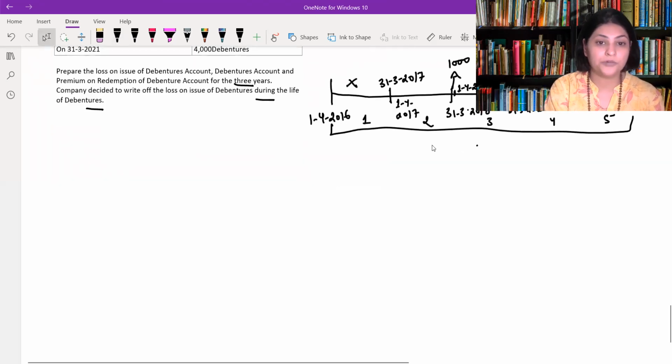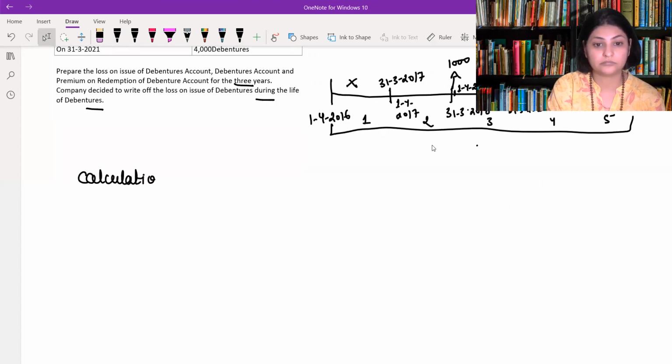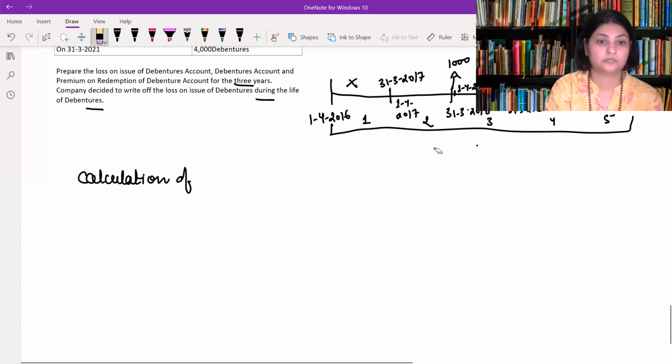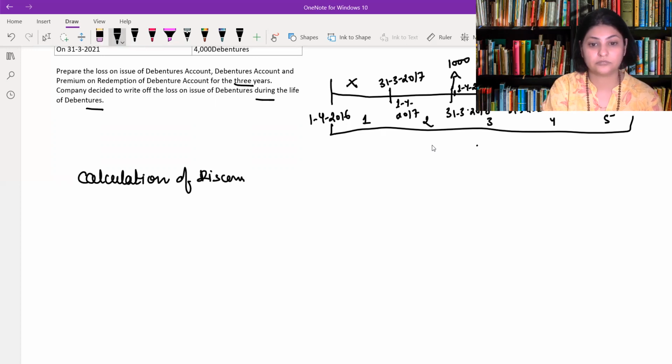So we are doing the calculation of discount, or rather loss. It is loss on issue of debenture to be written off.